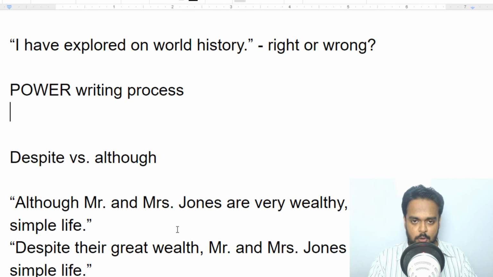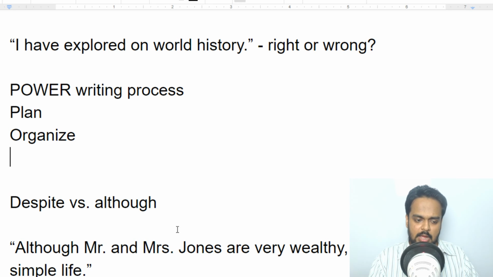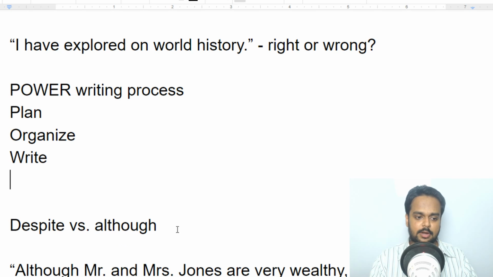I explain the process in great detail, but very briefly, P stands for plan. So before you write, you brainstorm ideas and just come up with a basic outline for what you're going to write. Then you organize your ideas. That is, you put your ideas in the right order. Then you put pen to paper and you write.